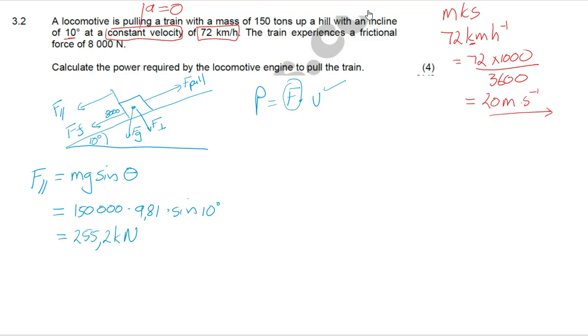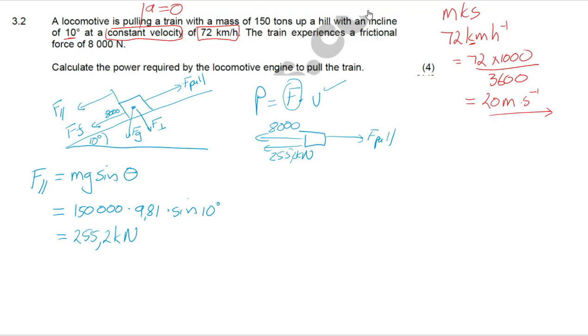Because there's no acceleration, the pulling force must be equal to all the forces working against it, because the net force is 0. So if I have F pull here, and two forces here, one is 8,000, and we've just worked out the other one, 255.2 kilonewton working against us, what will the pulling force be?